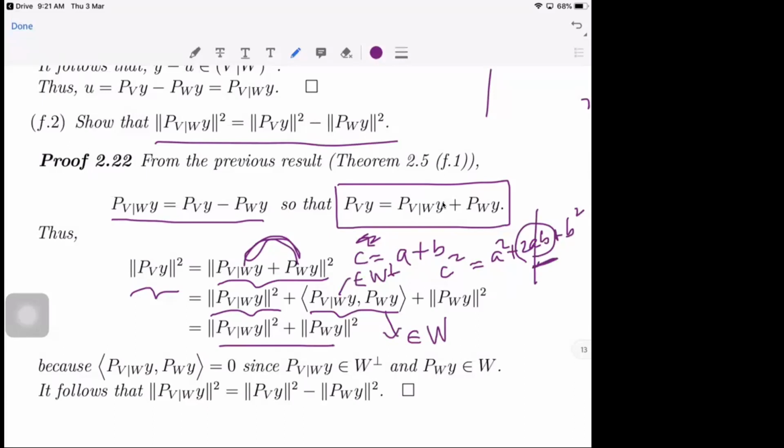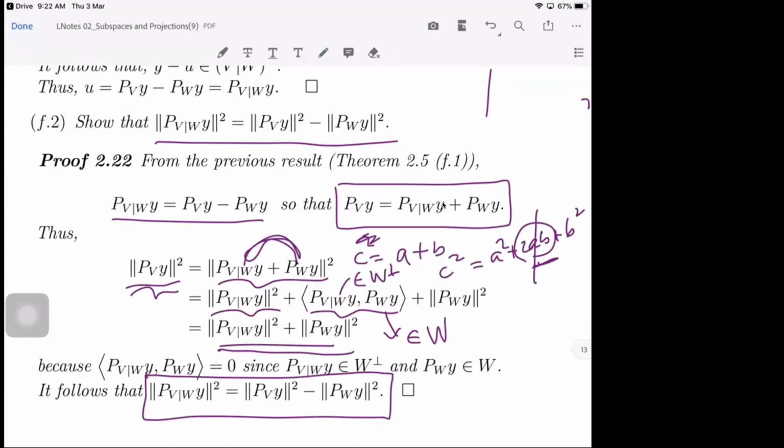So you have seen here that we have shown that the square norm of the projection of y onto V is equal to the sum of the square norm of the projection of y onto V mod W and the square norm of the projection of y onto W. So rearranging the terms, you will have what you want to get.